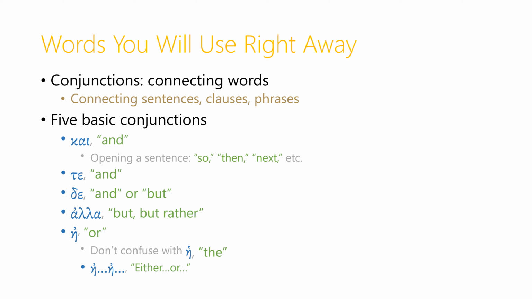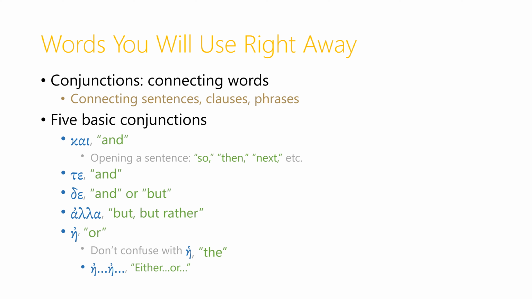But if you use a rough breathing mark, then you have an H sound at the beginning, and the word hey is one way of saying the. That word will actually be a lot more common than this conjunction. So just don't forget that with a smooth breathing mark, e means or.